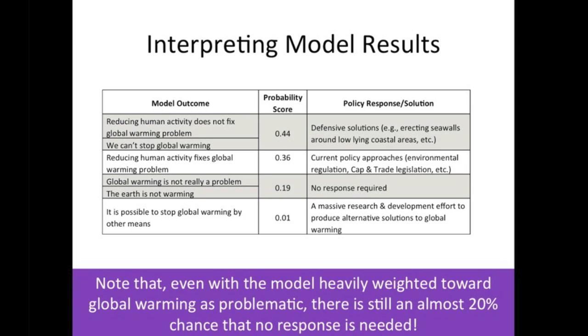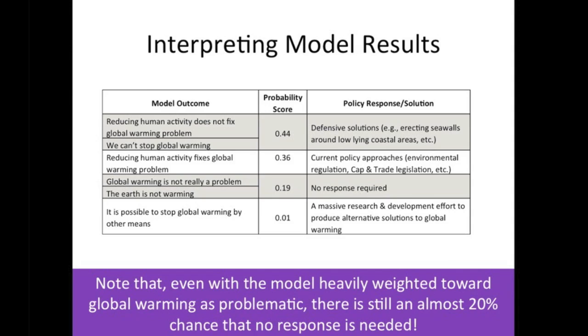Noticing that reducing human activity does not fix the global warming problem has the same policy response as we can't stop global warming, which is the defensive solution. We would add those two together to give us a total probability score of 0.44. And then the next one, 0.36, reducing human activity fixes global warming.